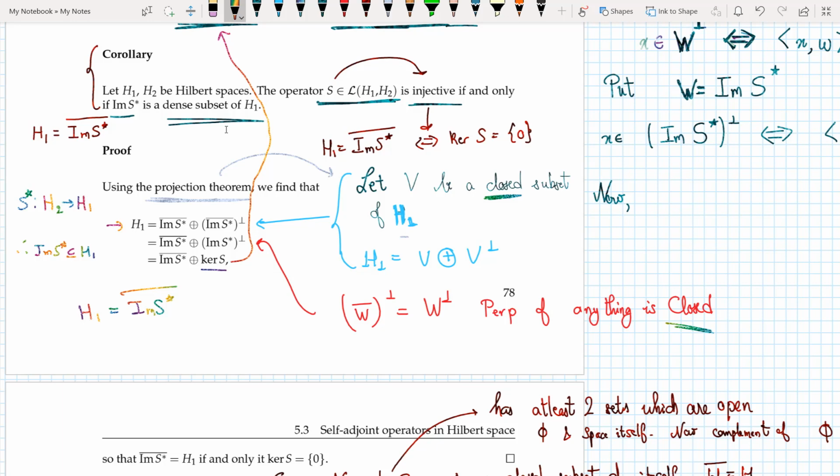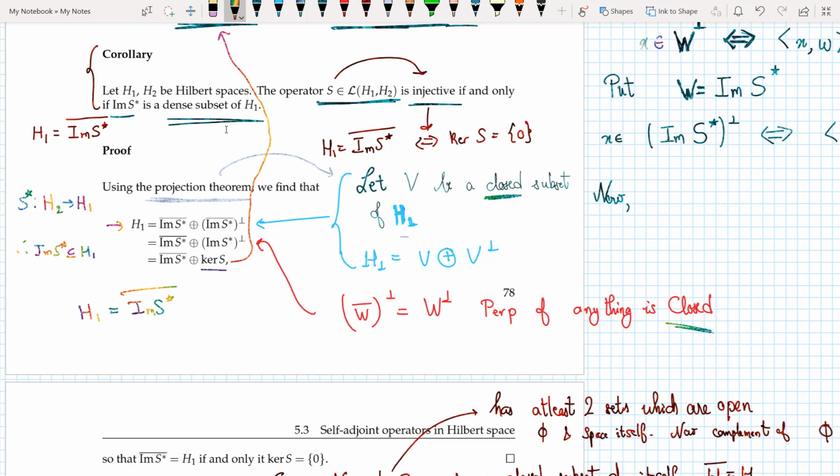I say that S is injective if and only if the kernel of S is equal to 0, and when the kernel of S is equal to 0, if and only if H1 is equal to the closure of the image of S star.